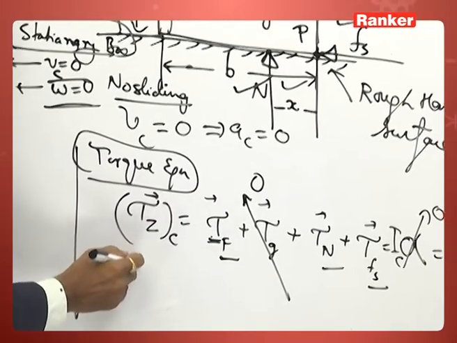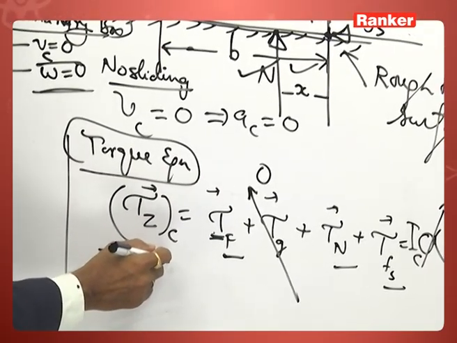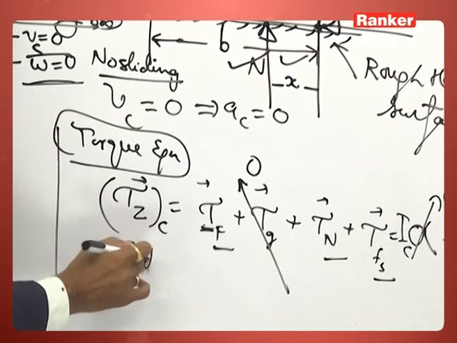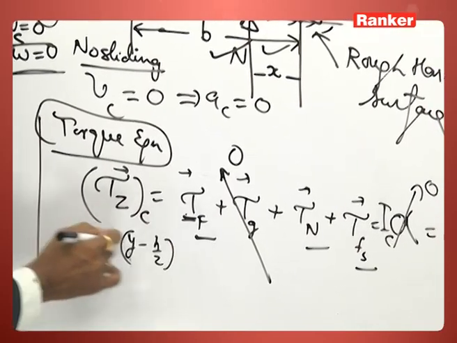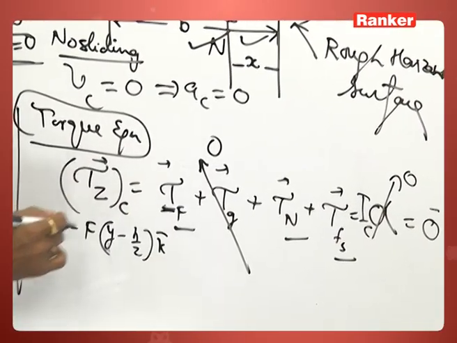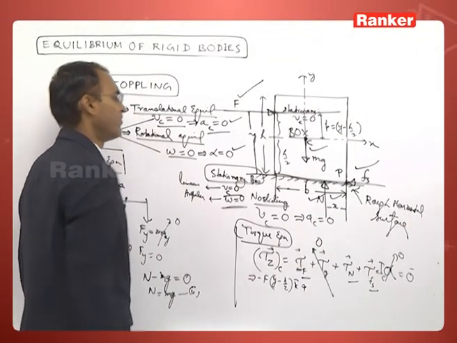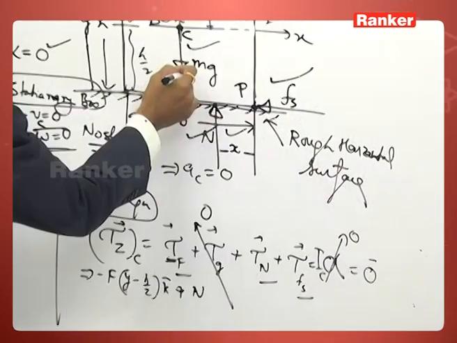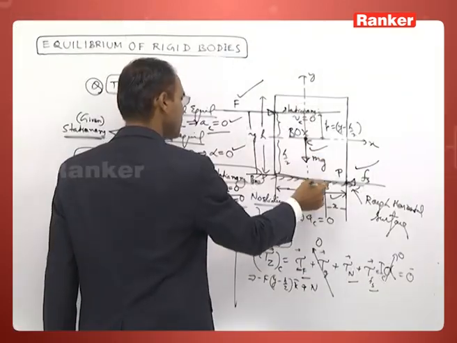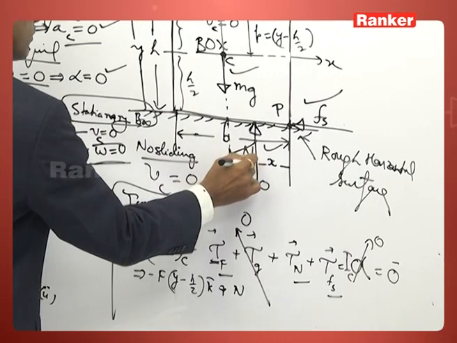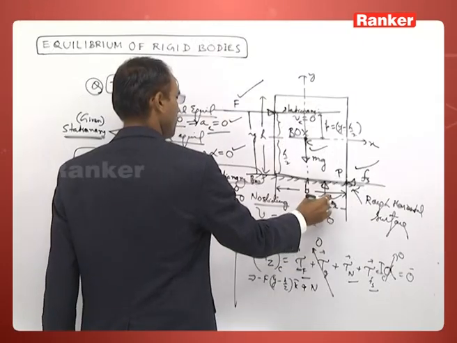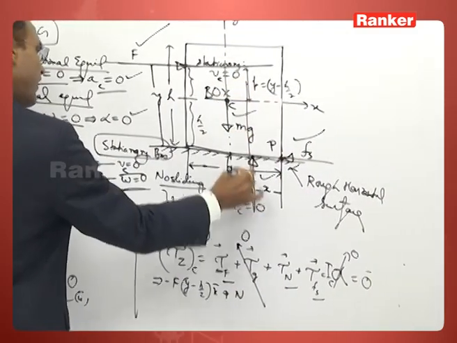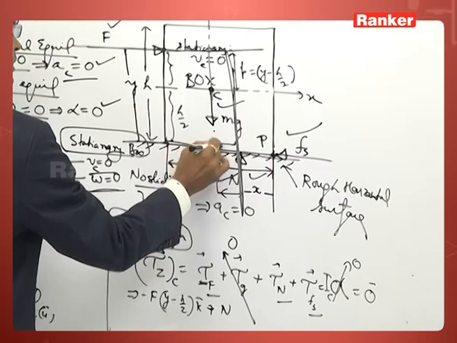This torque is clockwise, F into y minus h by 2, minus kf, plus normal reaction produces a torque which is equal to normal reaction into this distance. This is the line of action of the normal reaction and this is the perpendicular distance.